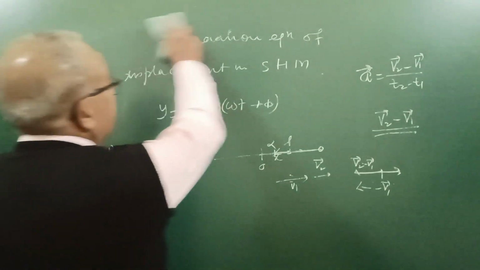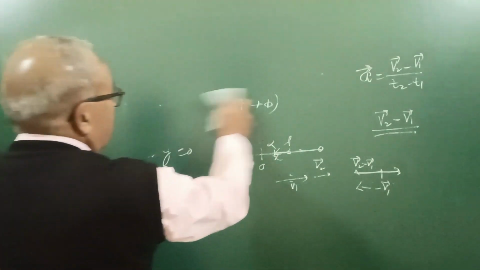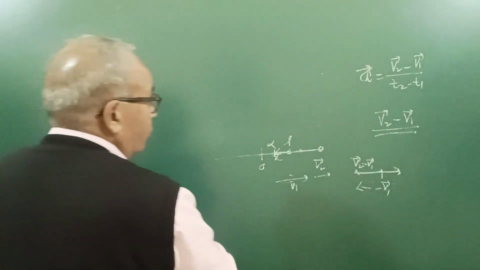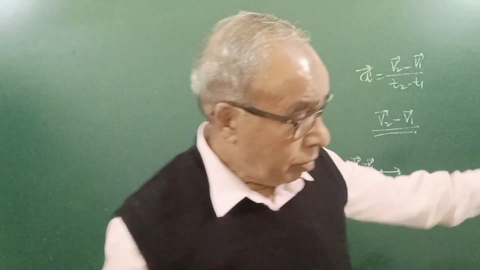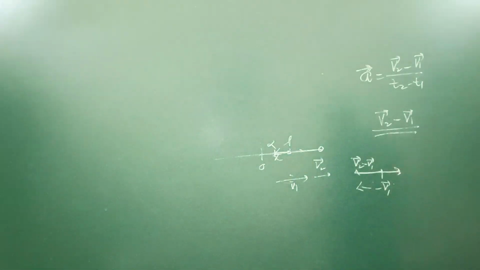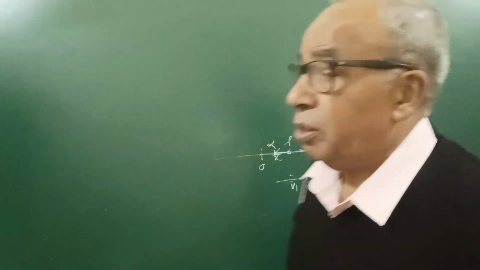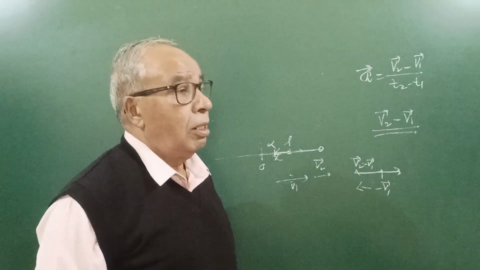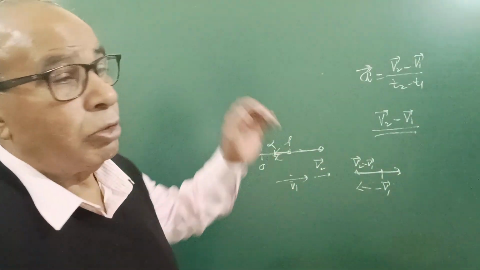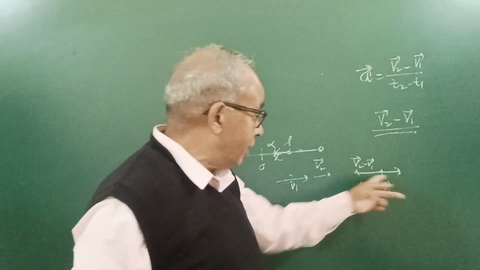There is one topic in class 11 I have taught, in which a body moving with constant speed still has acceleration. When a body moves on a circular path with constant speed, it has acceleration, and the direction of acceleration is not along velocity nor opposite to it. जैसे यहाँ opposite आ रहा है.